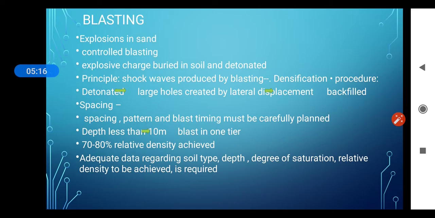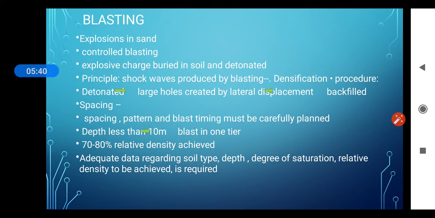Each hole is detonated in succession, resulting in large diameter holes formed by lateral displacement. The surface settlements are measured by taking levels at a certain depth below the ground surface. For depths less than 10 meters, the blast is effective.